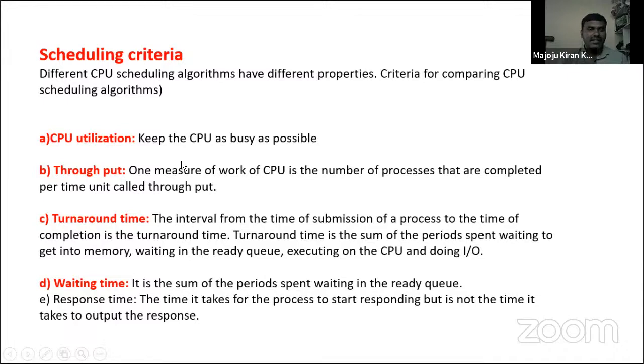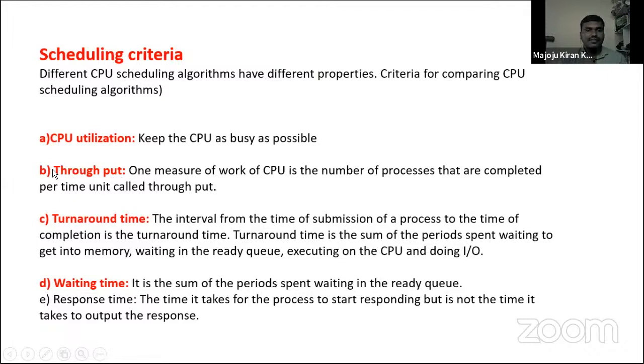We should not keep the CPU idle. The CPU should not be idle while a process is waiting for I/O, so it should immediately pick up another process so that work can be completed in the meantime. That means improving the CPU utilization. So the CPU utilization is one criterion.